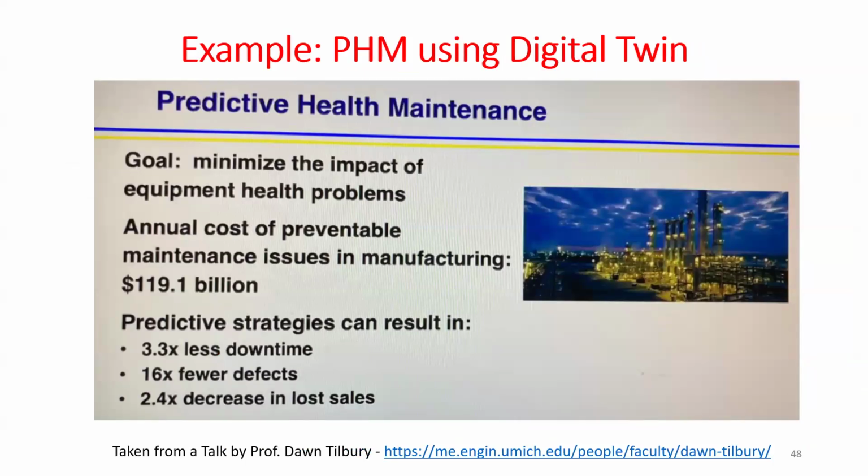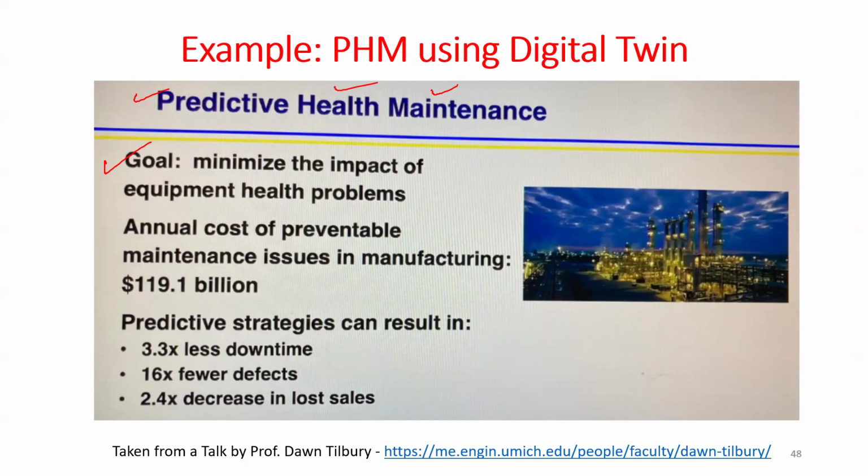Now, this slide highlights an important industrial application of digital twin, which is predictive health maintenance, PHM. The goal of predictive health maintenance is mainly to minimize the impact of equipment health problems by identifying potential faults before they cause failures.